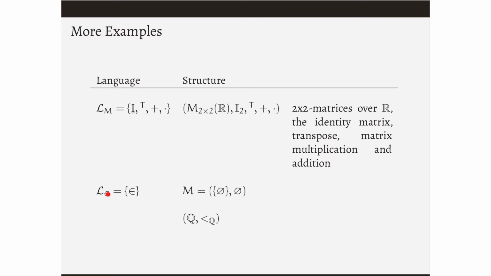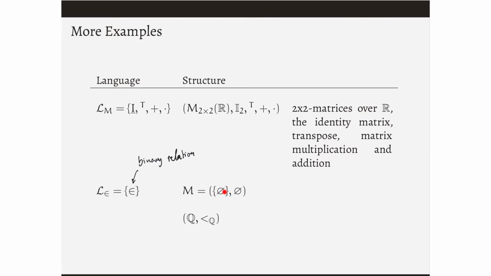The final example, we take the language of sets. Remember, that was just the language that had just one binary relation symbol. Right, so this here is a binary relation. And so what do we need to do? Well, we have to give a structure that has a universe that's non-empty.